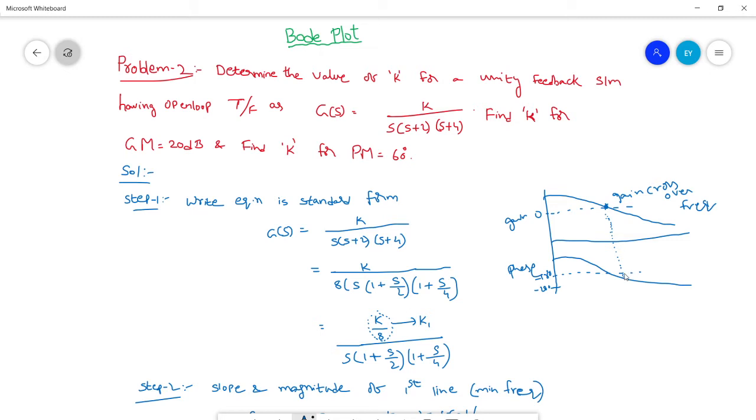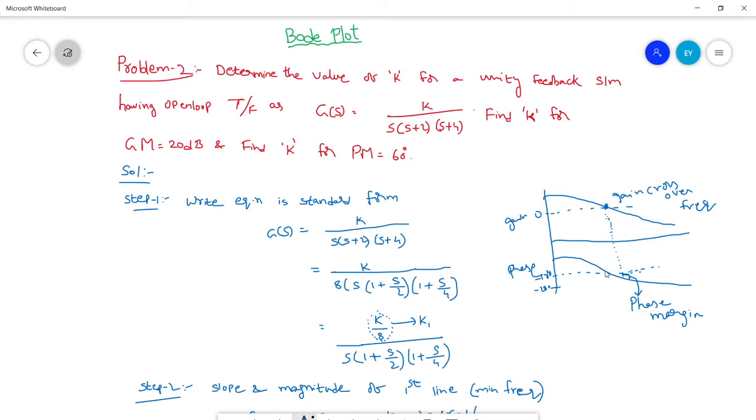The difference from minus 180 degrees is what we need to calculate, and this difference is called the phase margin. The perpendicular from the gain crossover frequency touches the phase plot, and the angle by which it deviates from minus 180 degrees is the phase margin, right?